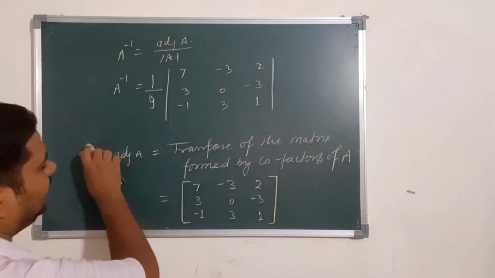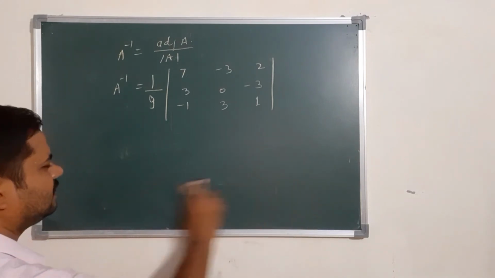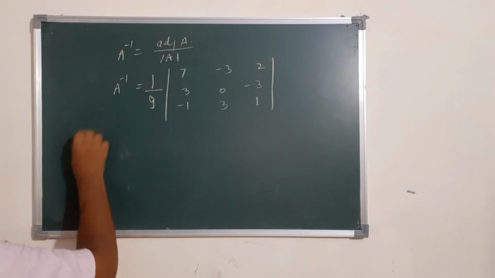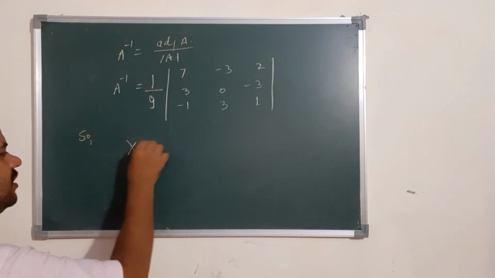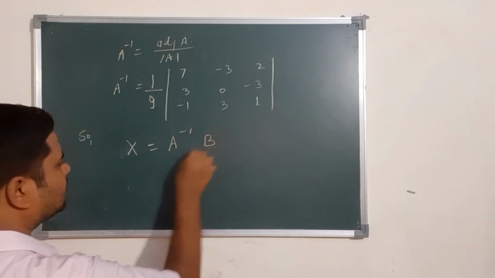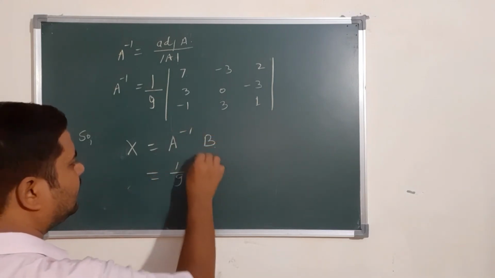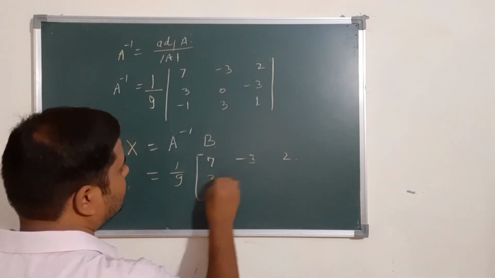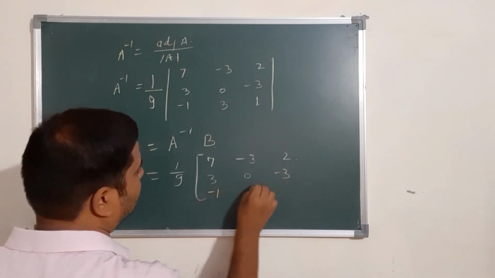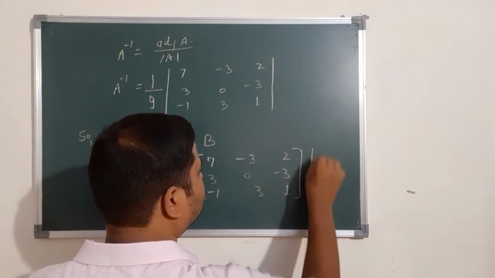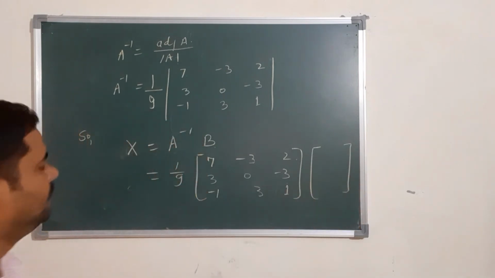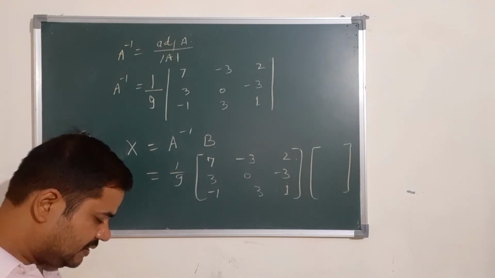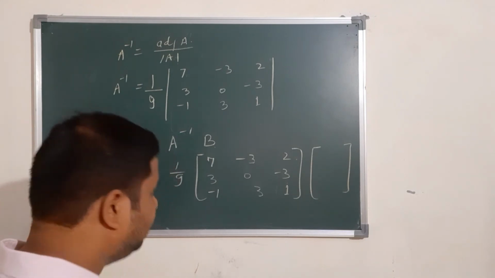And now the value of X is A inverse B. So we write X is equal to A inverse B. A inverse is 1 upon 9 times 7 minus 3 2, 3 0 minus 3, minus 1 3 1, and B is, as we know very well, 6, 11 and 0.